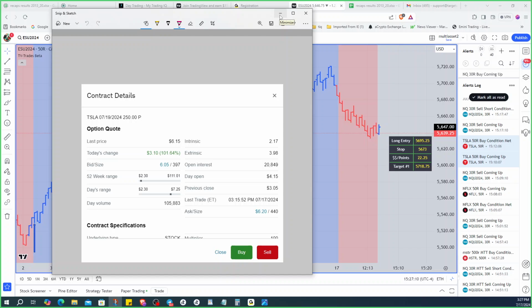So a lot of times that'll get filled. If you split the spread, you'll get a better price, but sometimes you won't get filled at all, and you end up missing out on a trade. So you can buy the bid, and you can buy the ask, sell the bid, and you get filled. You can split it, and maybe you'll get filled, maybe you won't. All right.